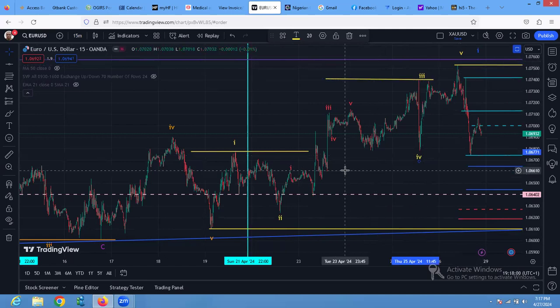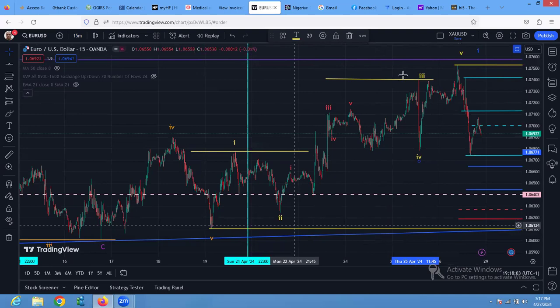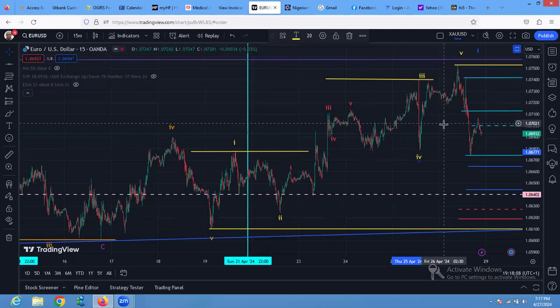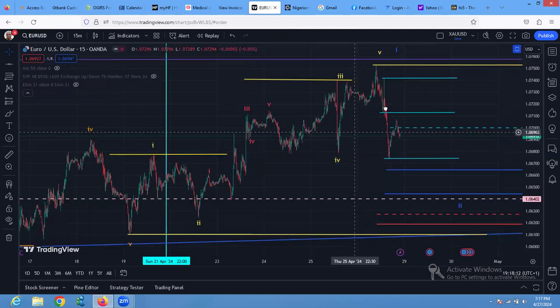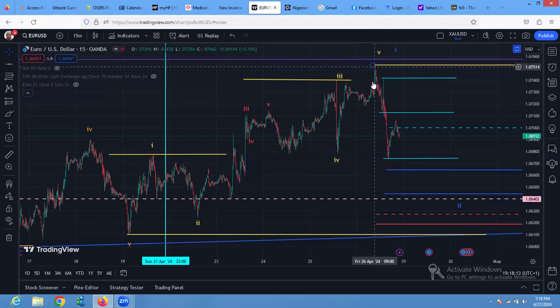So we are finished, 1, 2, 3, 4, 5 for us. Then breaking this low of 4, it looks like we're going to see an ABC correction that we have just finished. The first move to the downside here as an A, we may be going up as a B.